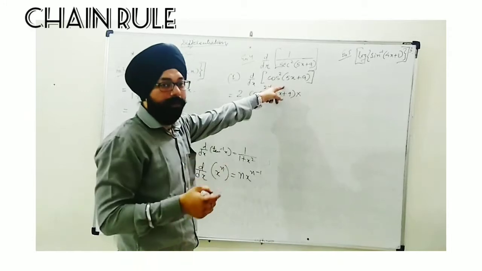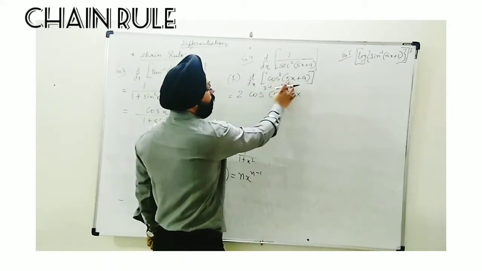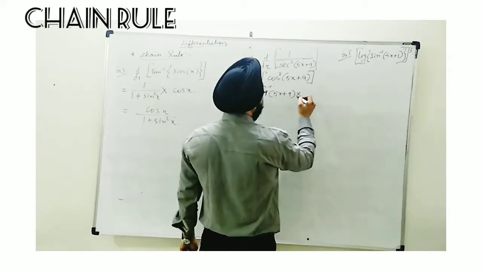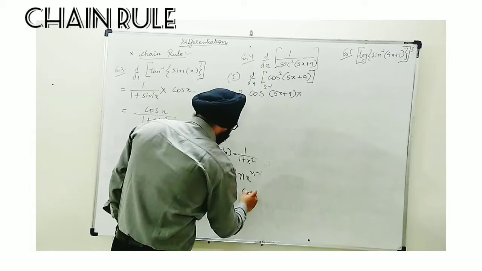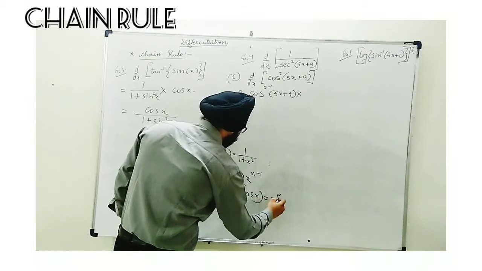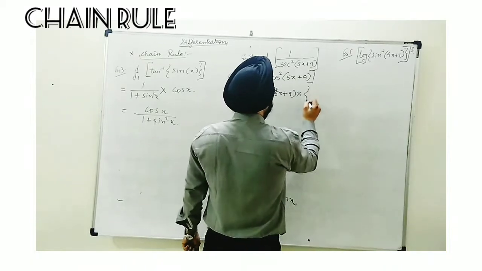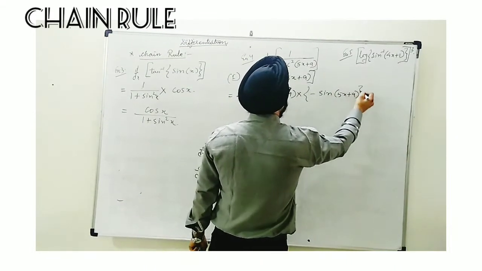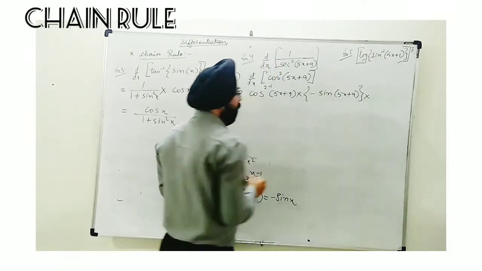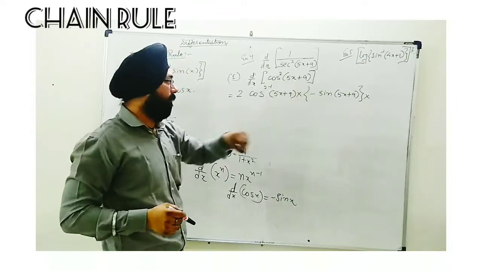Now we will operate cos. So d by dx of cos 5x plus 9. As we know, d by dx of cos x is, see the list, minus sin x. So this will be minus sin 5x plus 9 multiplied by the innermost core function, 5x plus 9.